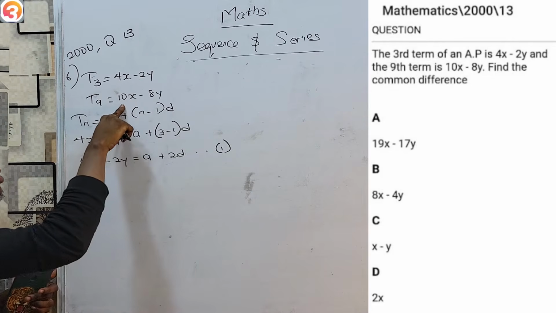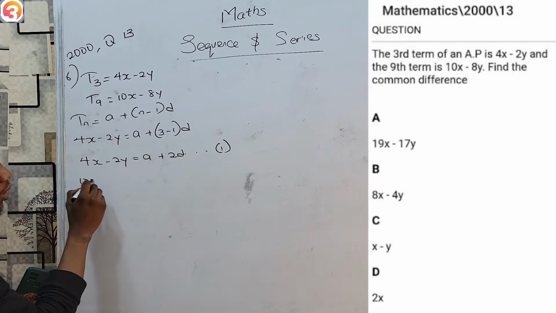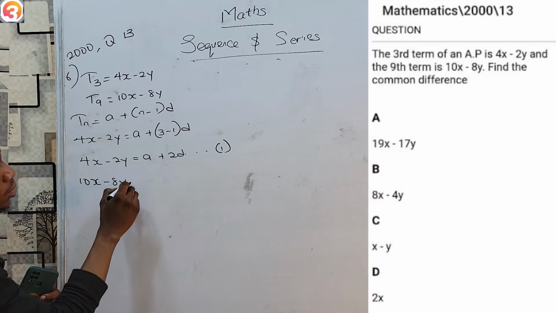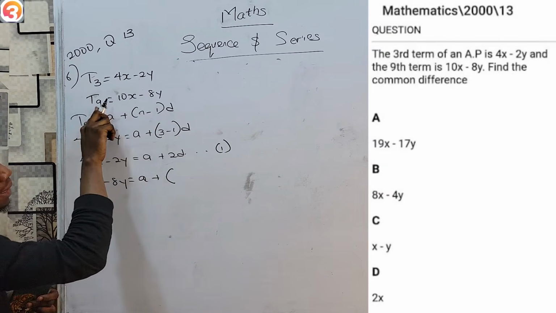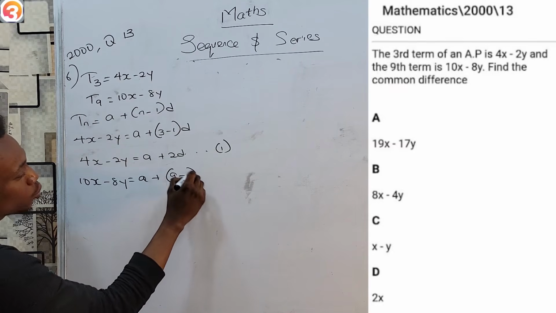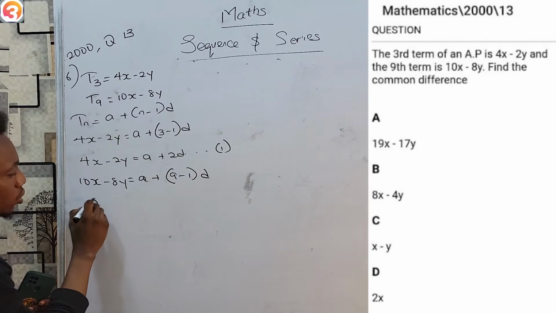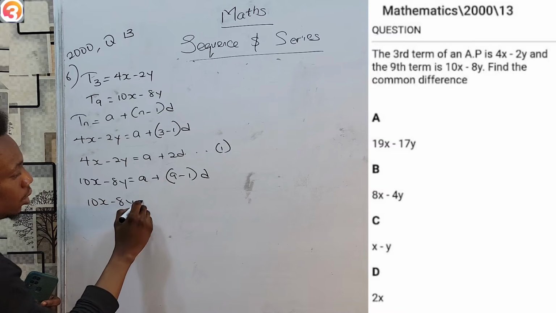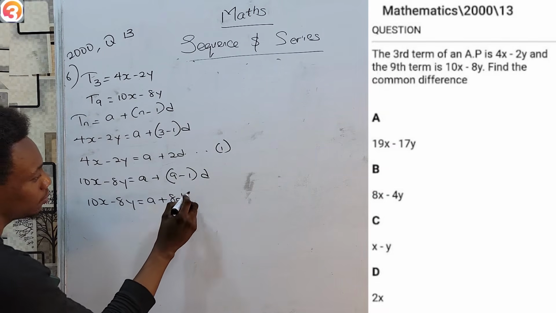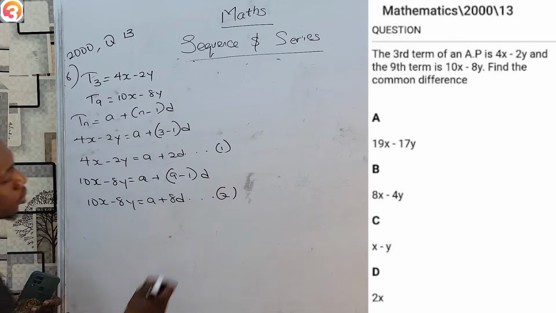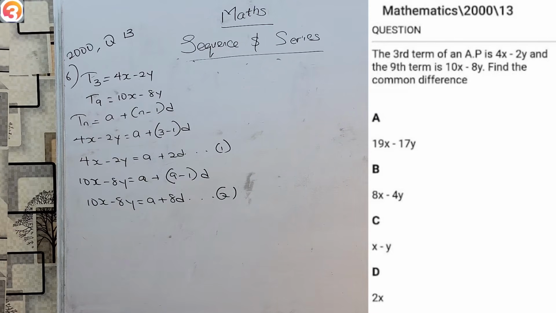For T9, T9 is actually 10x minus 8y. And this will be equal to a plus, because I'm at T9, n becomes 9, minus 1, d. So 10x minus 8y equals a plus 9 minus 1, 8d. And this is my second equation. And obviously, it's simultaneous.